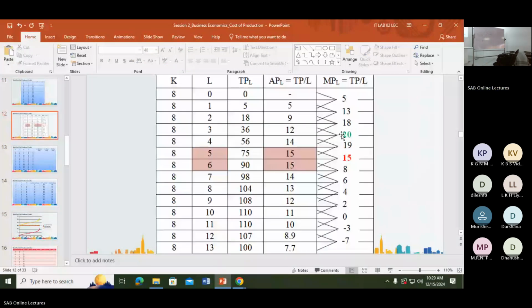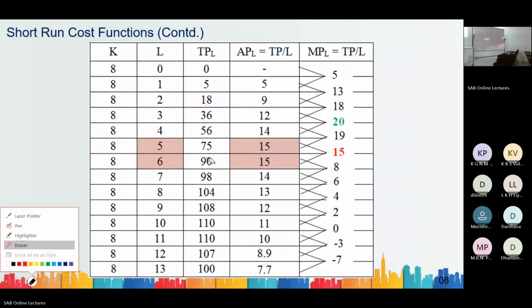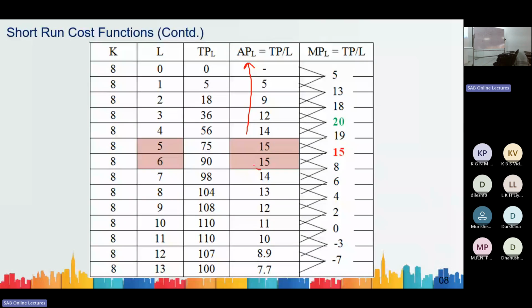You can see initially average product is increasing, and reaches the maximum, and afterward it declines.